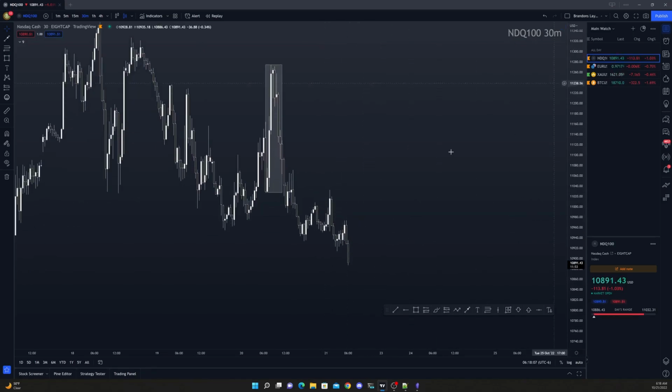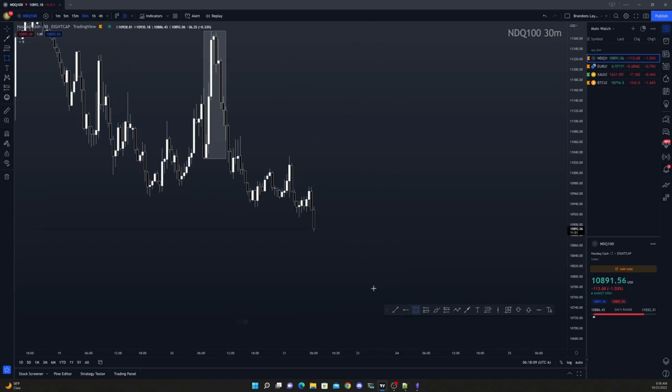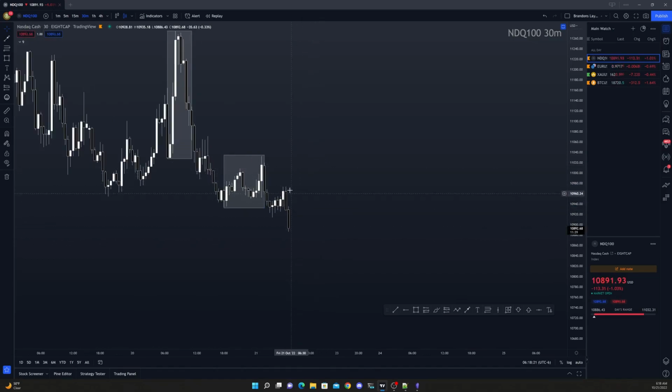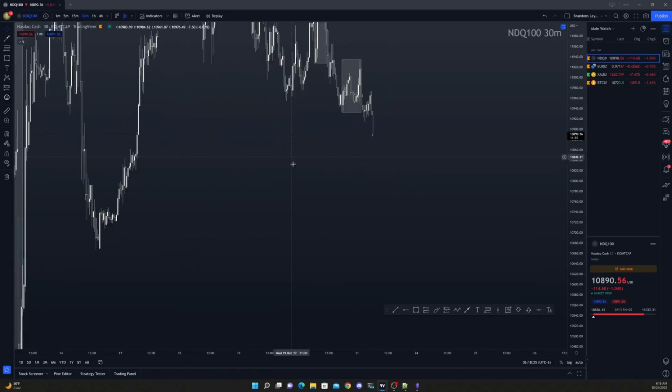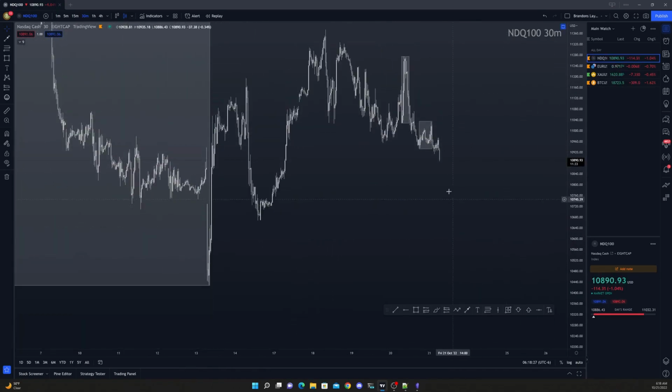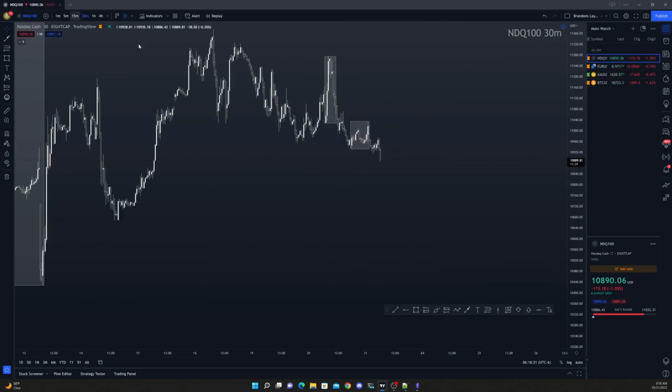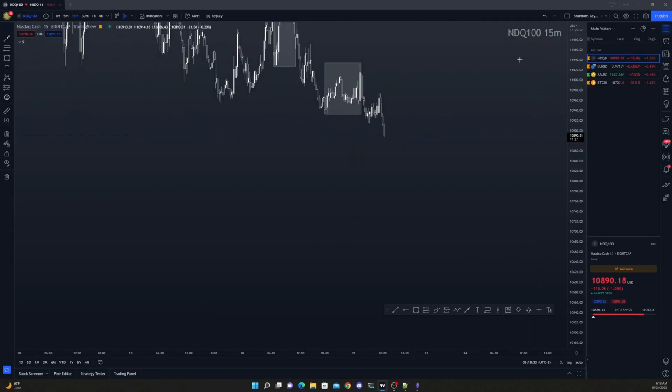So from a lower time frame perspective, as we continue to zoom in here, we're like, okay, well, we have this, just like that. And so what do we want to see? Well, we want to see it pull back into here, and then we want to look to take a short. And I'd say to run these lows. So let's go on the 15-minute.